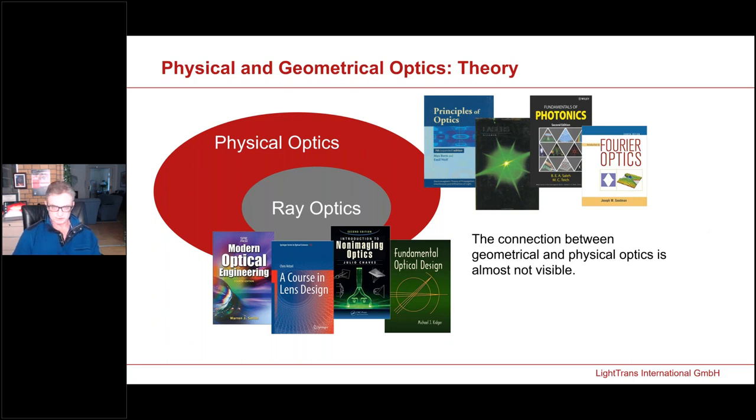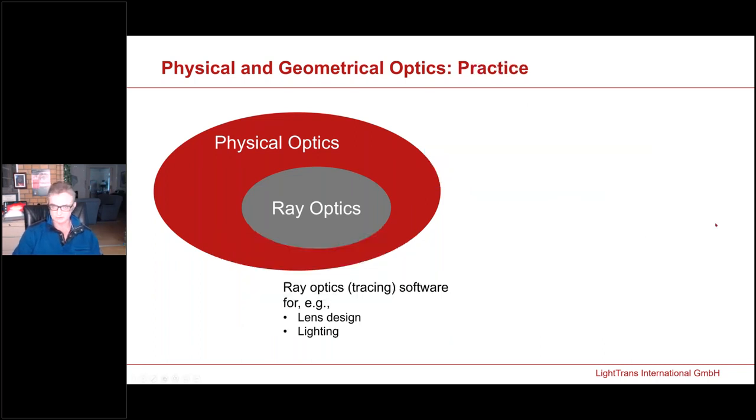They have a different language, even though they are all in English, a different language to discuss things. Sometimes there's even no relation in formulas, so it's really not together. And so there's no surprise that if even the theory is not together, the software products are also not together. Because we have ray optics software, often called ray tracing software, for lens design and lighting, of course.